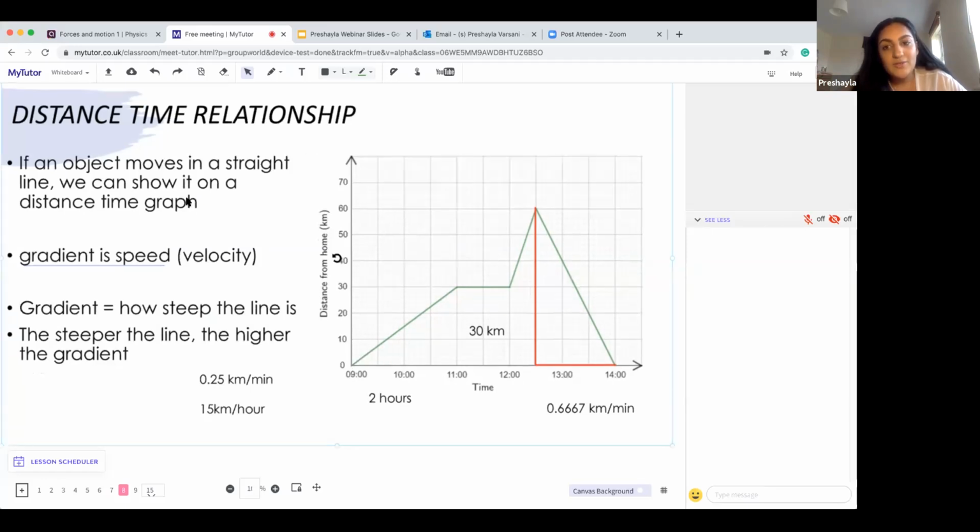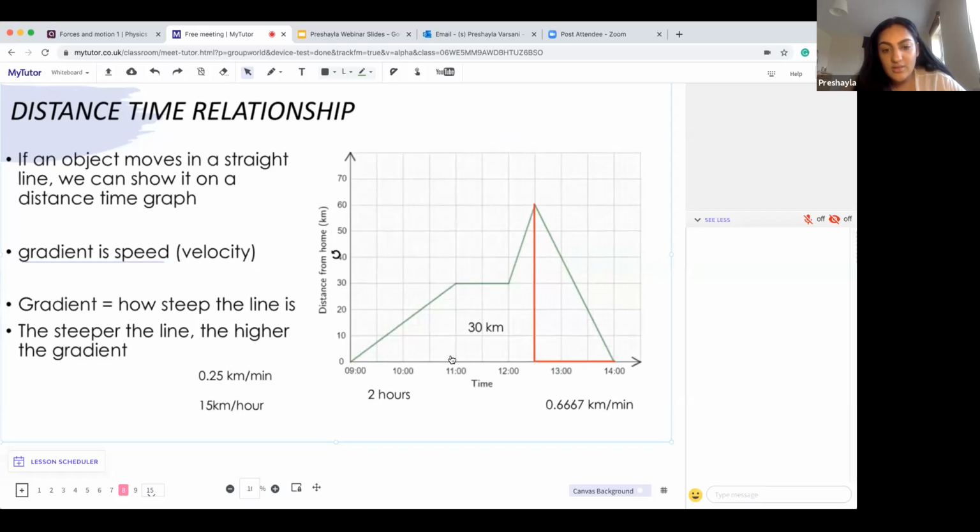If an object moves in a straight line, we can show it on one of these graphs. So from 9 to 11 o'clock, what this graph shows is that the person has moved 30 kilometers.